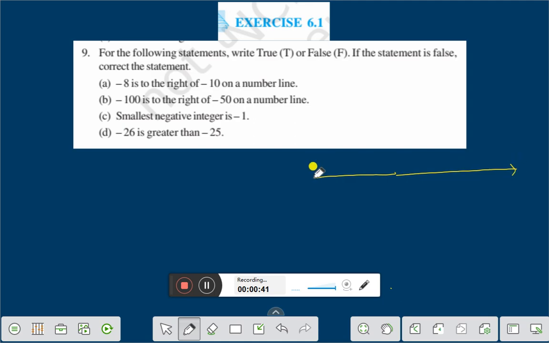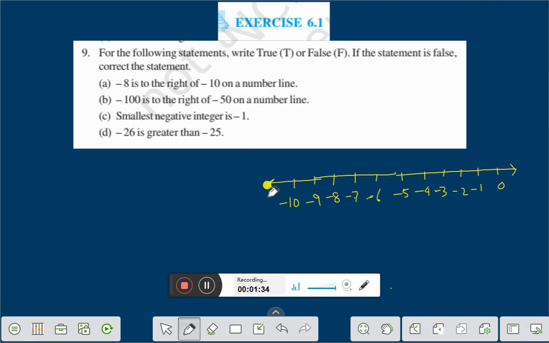It starts here, this is 0, then minus 1, minus 2, minus 3, minus 4, minus 5, minus 6, minus 7, minus 8, minus 9, minus 10.